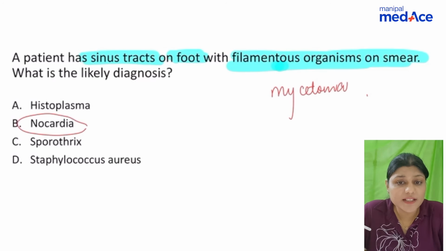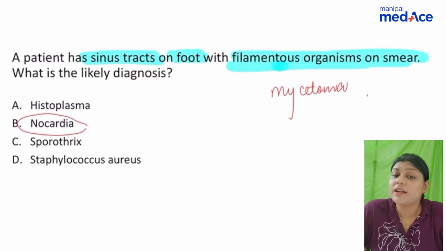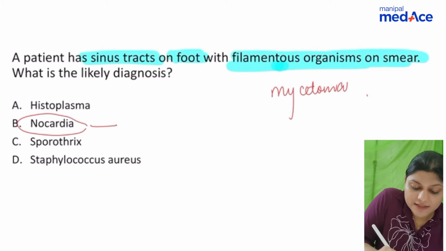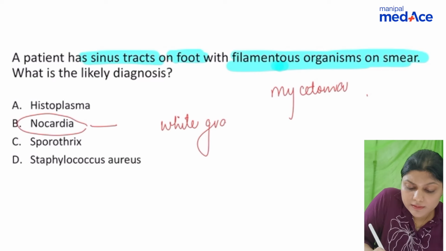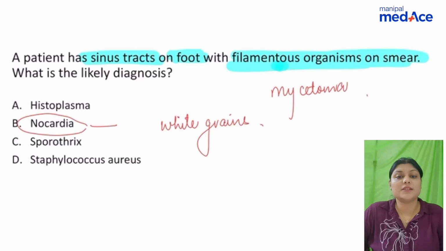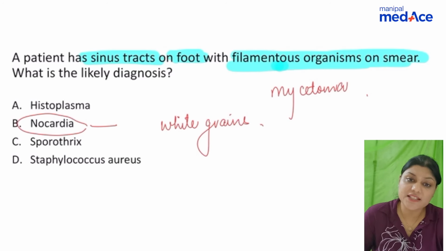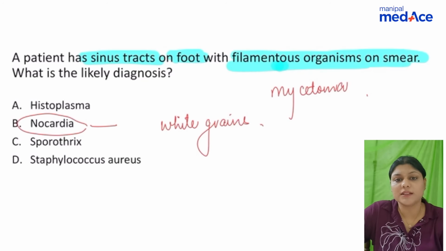Filamentous bacteria are basically Nocardia, Actinomadura or Streptomyces, responsible for white grains. Whereas even fungus can cause mycetoma, caused by Madurella species, and in that the patient has black grains.